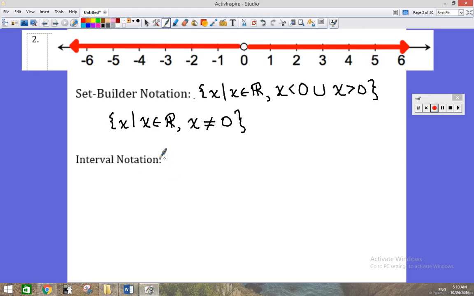All right, so in interval notation, on the left-hand side, we have negative infinity to 0. You can never have a square bracket around negative infinity or positive infinity. We exclude 0. Since we have a break, we need a union, and then 0 to positive infinity.